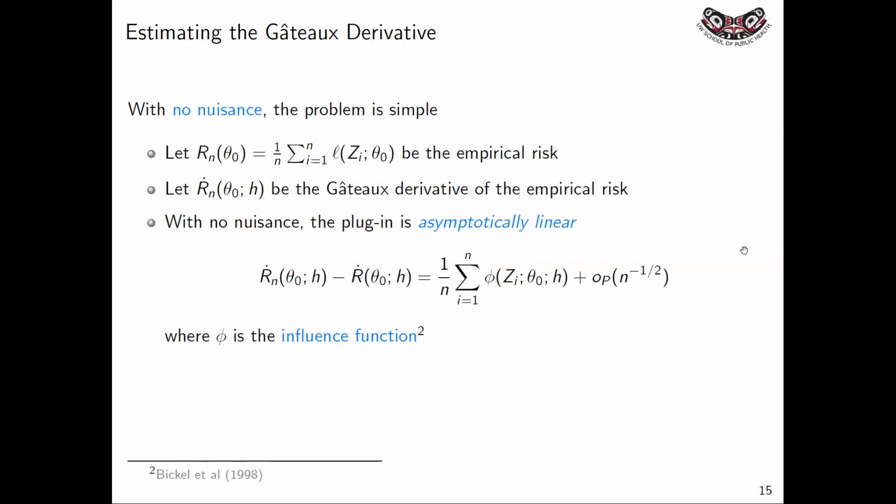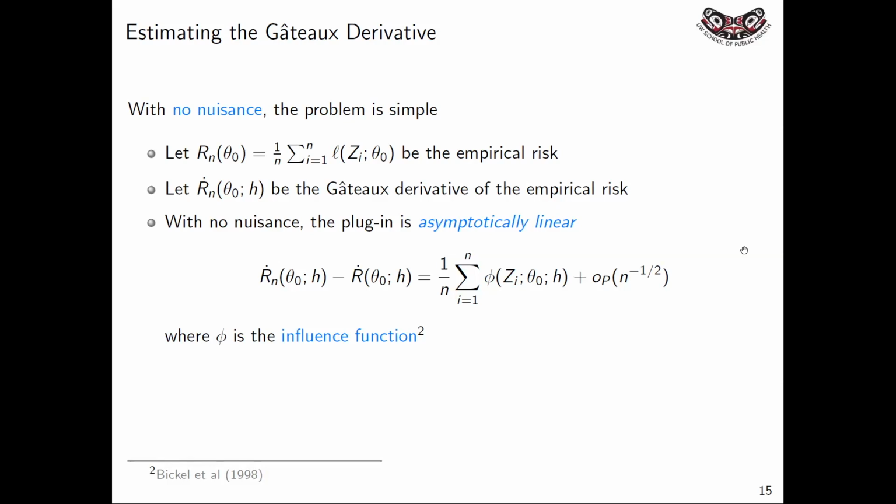If there are no nuisance parameters, in general, this is a simple problem. We could get the Gatour derivative by looking at our empirical risk functional. So Rn of theta naught becomes the average of our empirical loss, and we could look at the derivative of this. Basically we get a plug-in estimate of this.